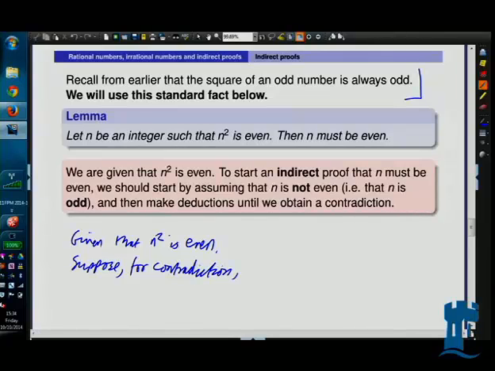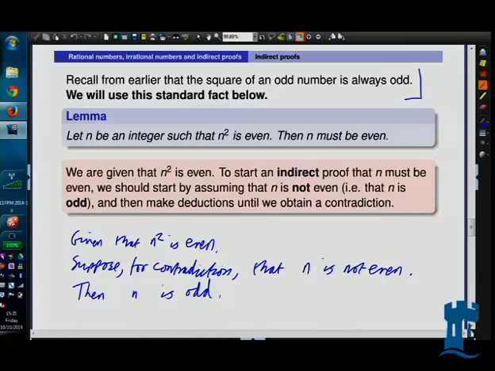But I've always written suppose for contradiction. It'll do for me. That n is not even. And that's the one we want to be false. Okay? So we hope to get nonsense from this. Then n is odd. Okay?